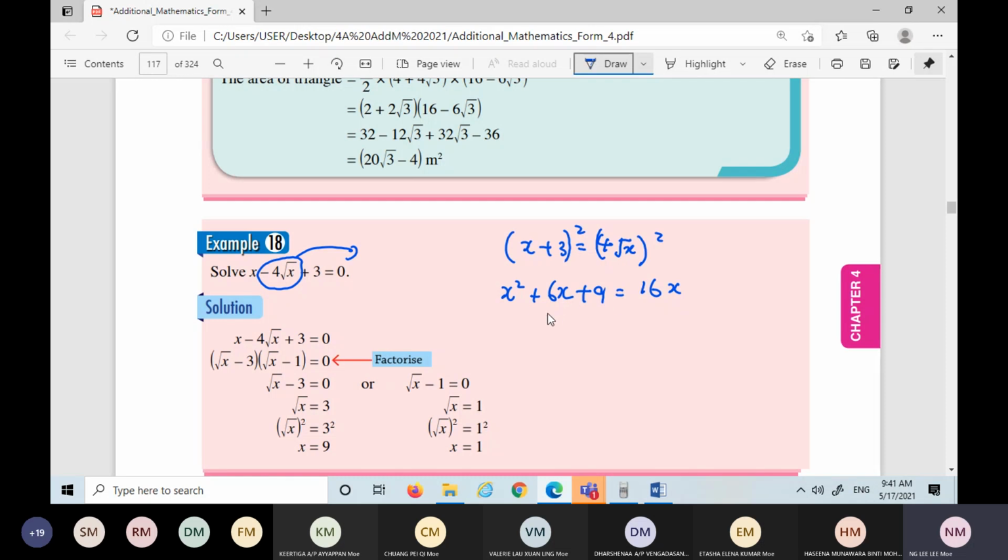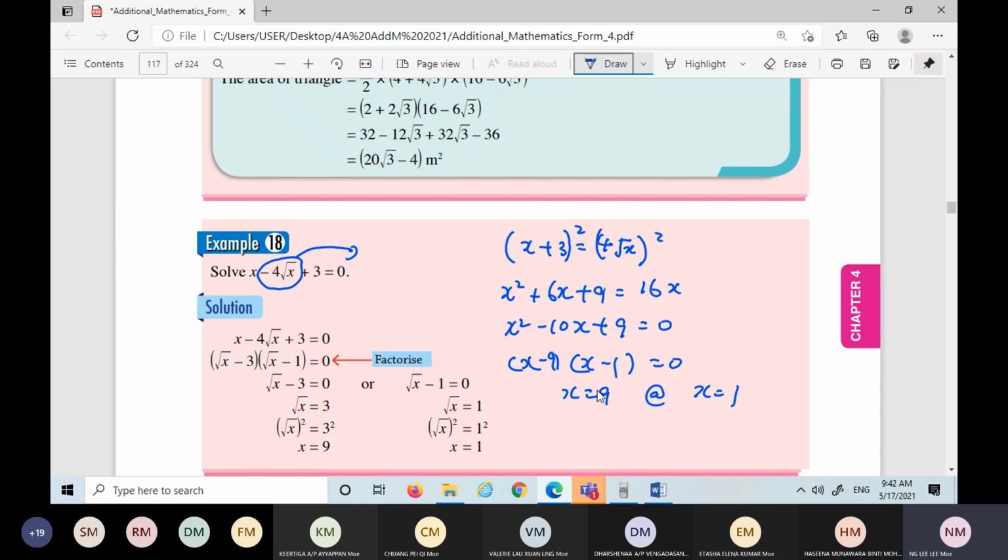So you will end up with a quadratic. Next the 16 move here, minus 16, so minus 10. Then you just factorize. So you will get this.